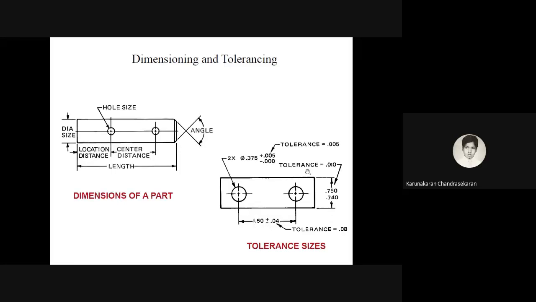For example, if you observe this particular hole, you have two holes, 2 into 0.375, and they have mentioned two different terms, one is plus 0.005 and another is minus 0.00. So you can have 0.005 extra material, but you cannot have minus. So that is a unilateral tolerance, only one way they have given. So this denotes your variance.